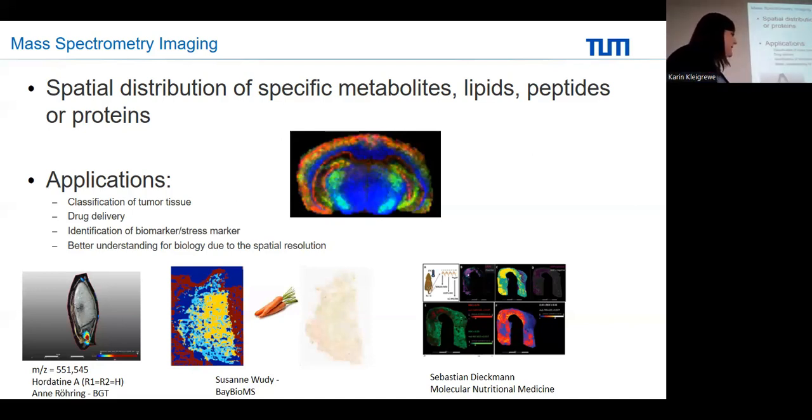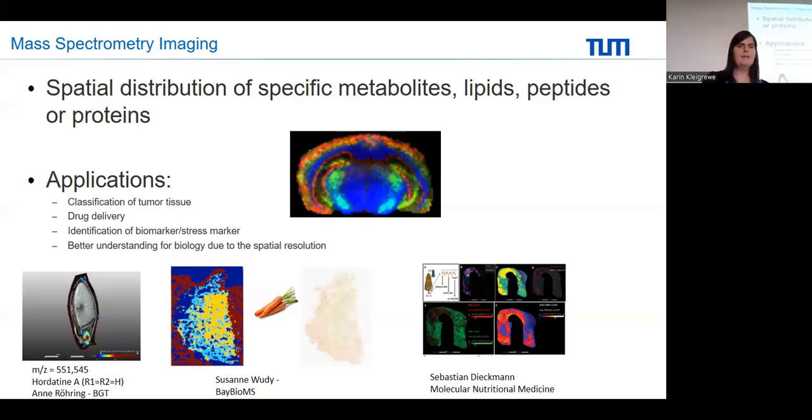She's now a postdoc with us, and we did carrots, potatoes, and stuff like that because, you know, food-related field. And then, published last year, a PhD student did MALDI imaging of white adipose tissue of mice. Unfortunately, he already left, otherwise he would have been a good fit today to present his data as well.